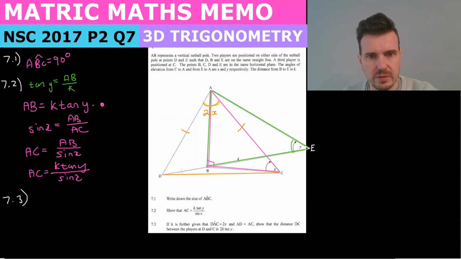Okay, so what we've got here is we know these two angles. And so we also know that because these are equal, there's two ways of doing this actually. The one is that, let's look in this triangle here, so we're looking at the orange triangle. We've got a known angle 2x, and we've got two sides that we know are equal.